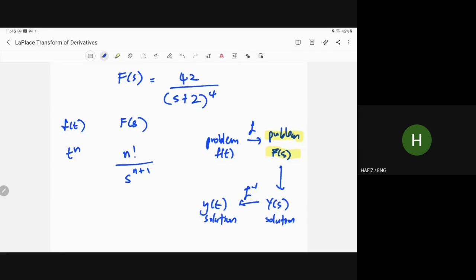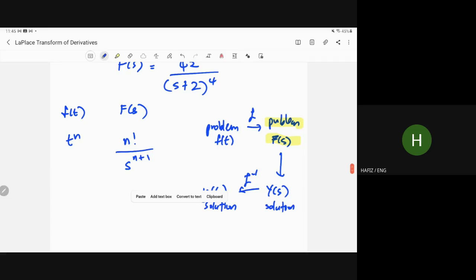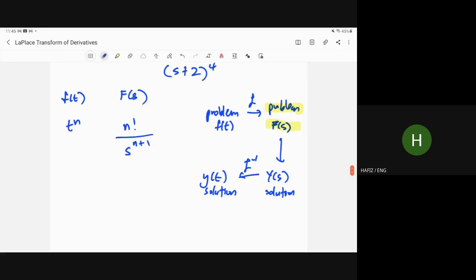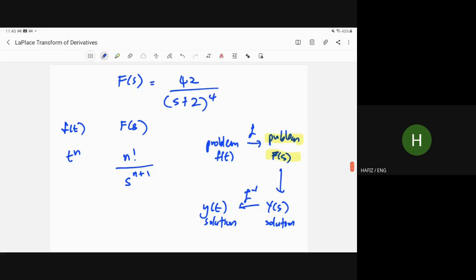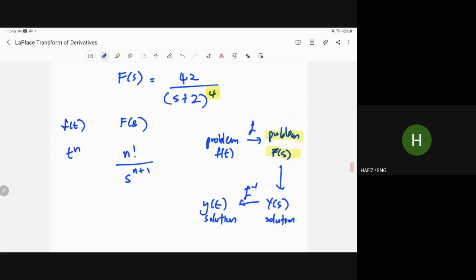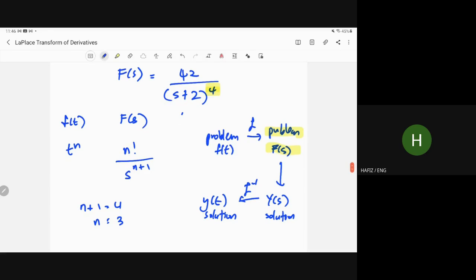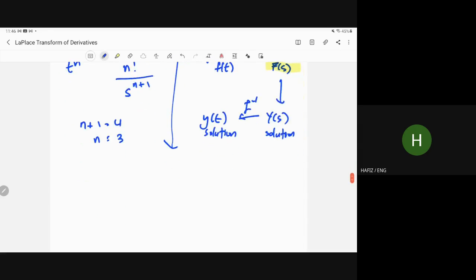Okay, because you want to use the inverse Laplace, right? So when you look at this, you can see that the power here is 4, which means n plus 1 is 4, therefore n must be 3. So you have to break this down into a form where you can directly inverse Laplace.